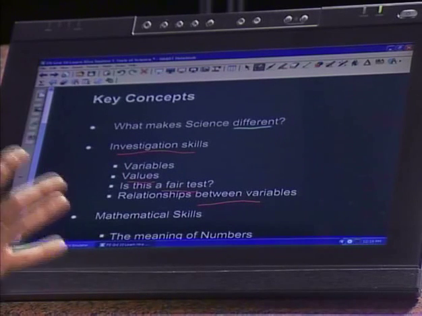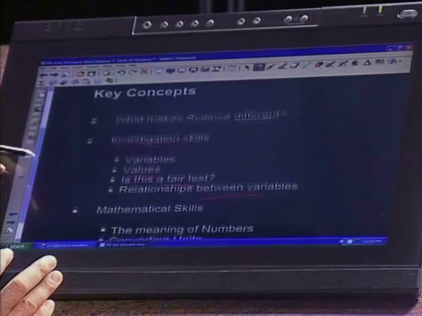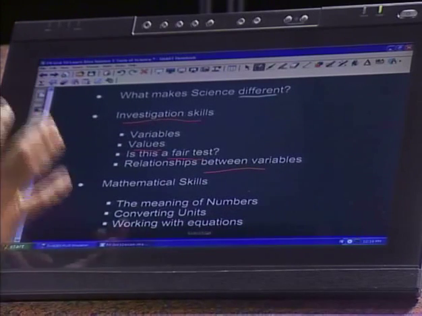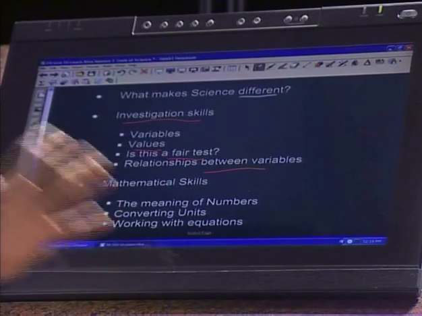Now, one of the other things that you're going to do as you go through grade 10, 11, and 12 science is that you're going to need to have some mathematical skills. I'm just going to introduce some of the important math skills that you already know, but that you'll need to make sure that you improve on, you get really good at.